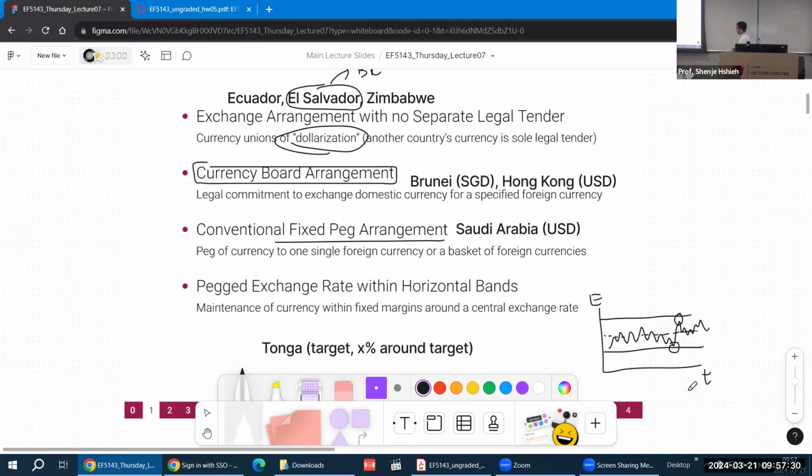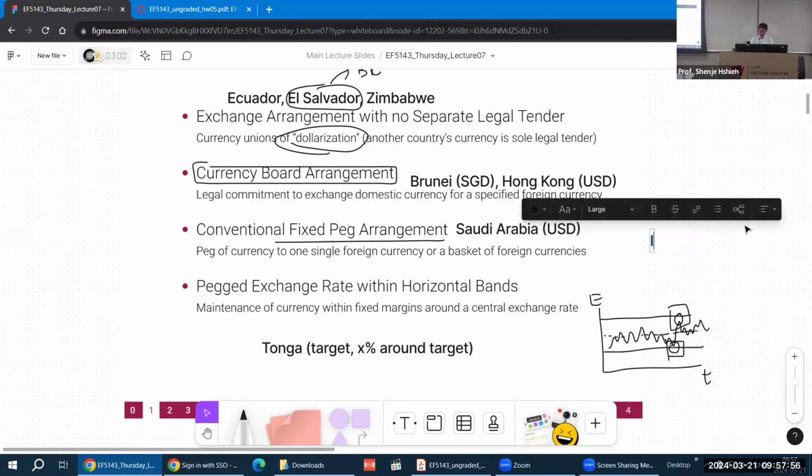FX open market operations. They would have to devalue their currency if it's getting too strong, right? That means they have to buy other countries' currencies and inject their currency into the system. When the currency is getting too weak, they have to sell foreign currencies, right? So that becomes important later on, okay? That description.